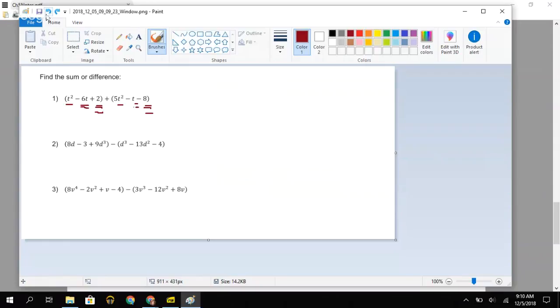If I were to rewrite these polynomials together, I would write t squared plus 5t squared minus 6t minus t plus 2 minus 8. Then t squared plus 5t squared gives 6t squared.